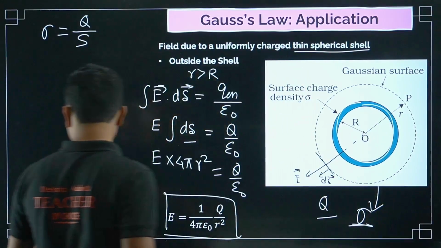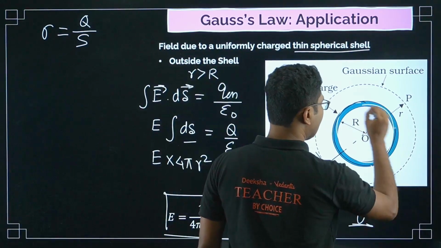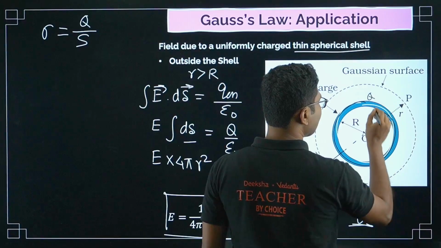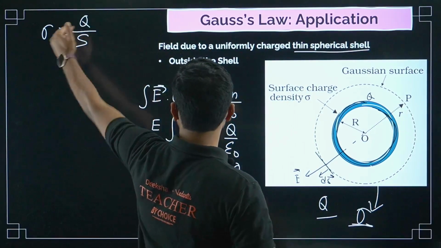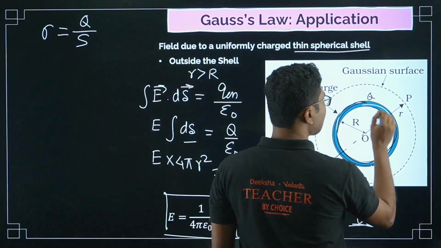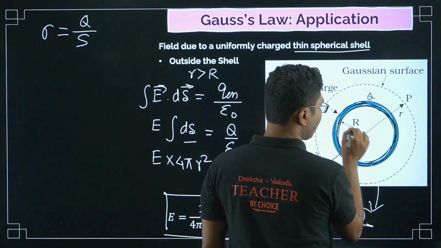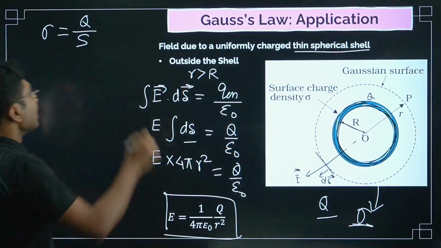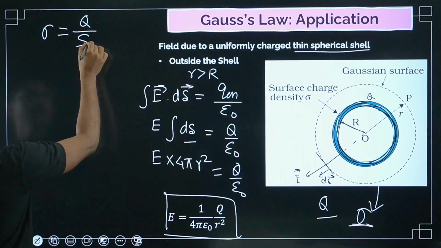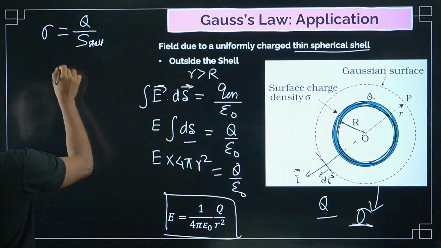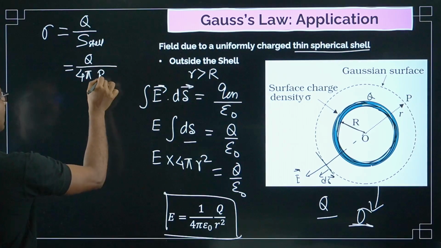Charge in this case is kept only on this shell, right? So when we are considering the surface charge density, we will only consider this shell, not the outer one, only the inner one of radius capital R. So we will only consider the surface area of the shell, that is sigma equals capital Q divided by 4 pi capital R square. That's it.